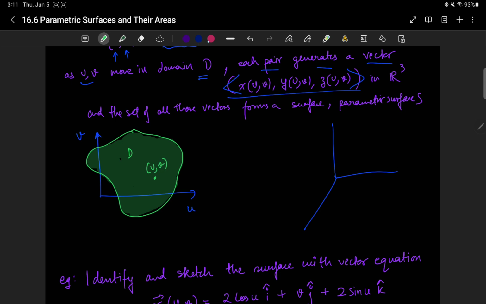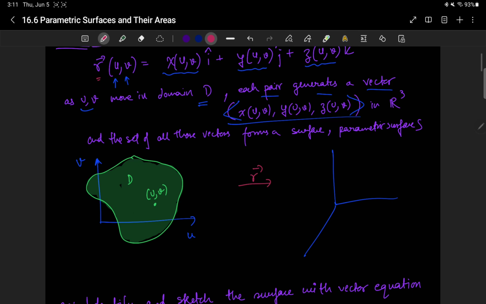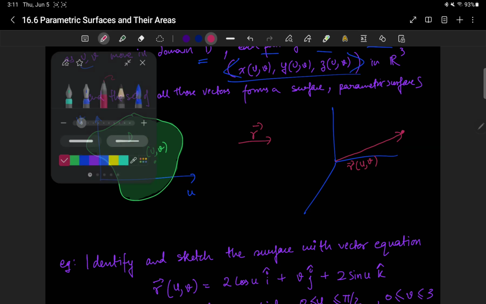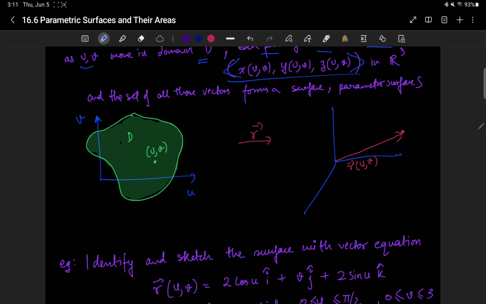Now what this (u, v) corresponds to is this r, the position vector. It is going to map to some vector, right? Some position vector, which means it's going to map to some point in space through this position vector r, and this position vector r is r(u, v). So each point in this 2-dimensional plane (u, v) gets mapped to a point in the 3-dimensional world through a vector r, which is a function of u and v.